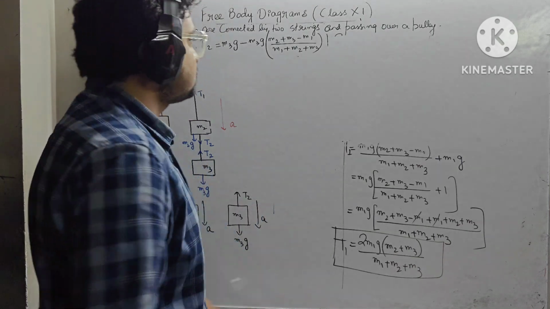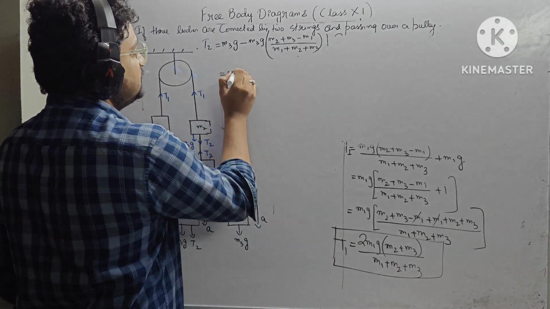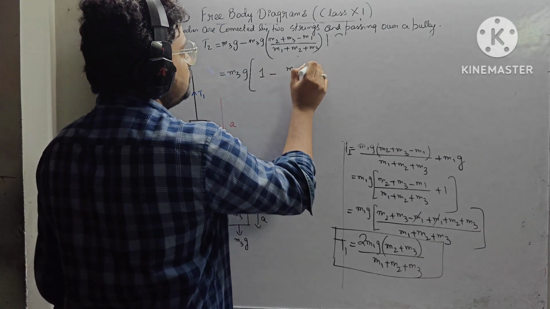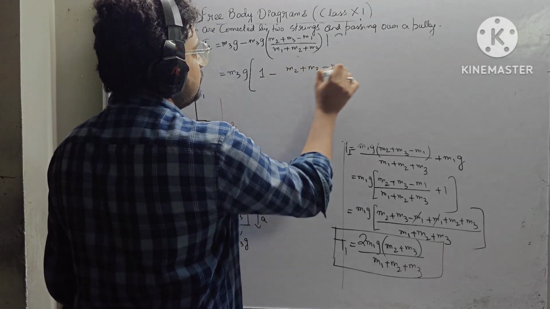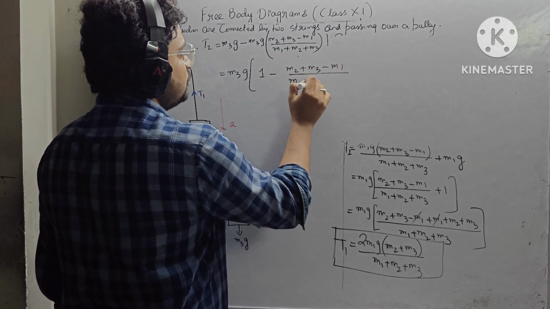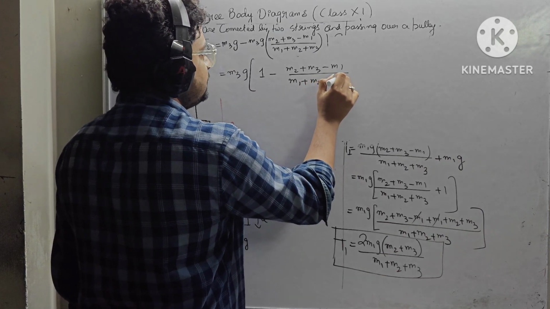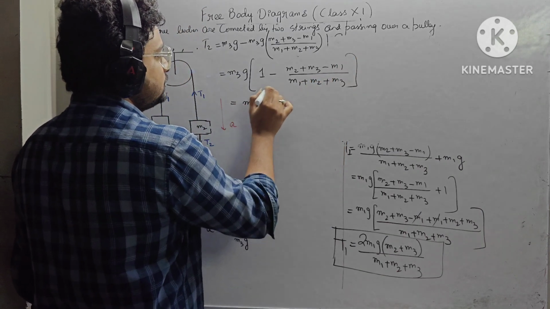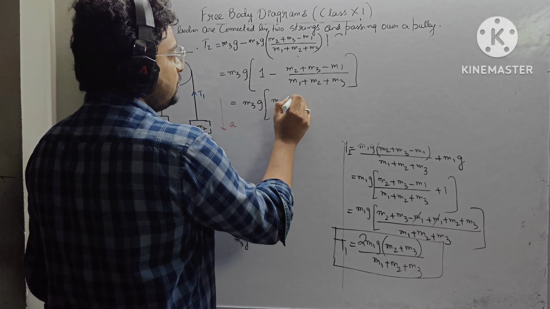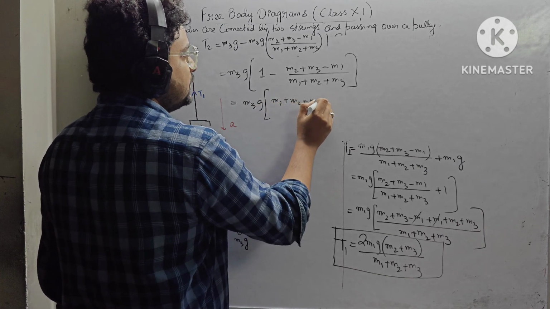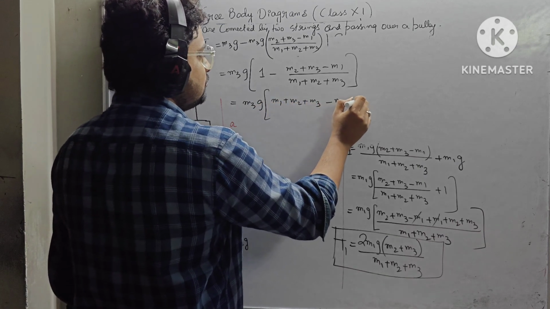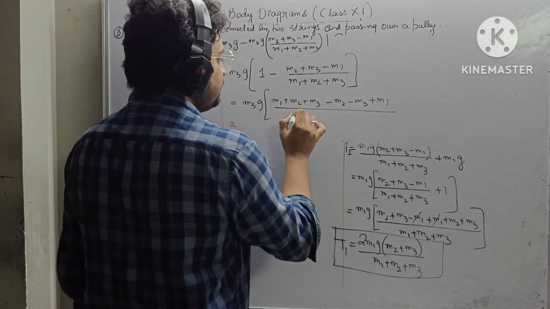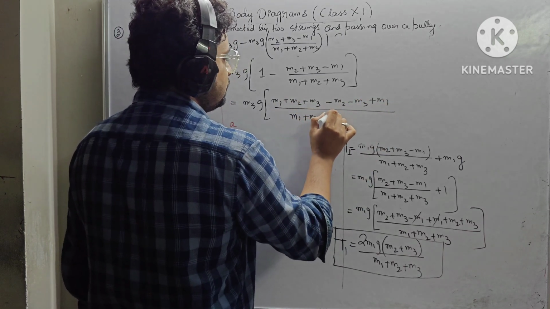So M3G I can take common. So 1 minus M2 plus M3 minus M1 divided by M1 plus M2 plus M3. So M3G, M1 plus M2 plus M3, if I do the LCM, minus M2 minus M3 plus M1 divided by M1 plus M2 plus M3.